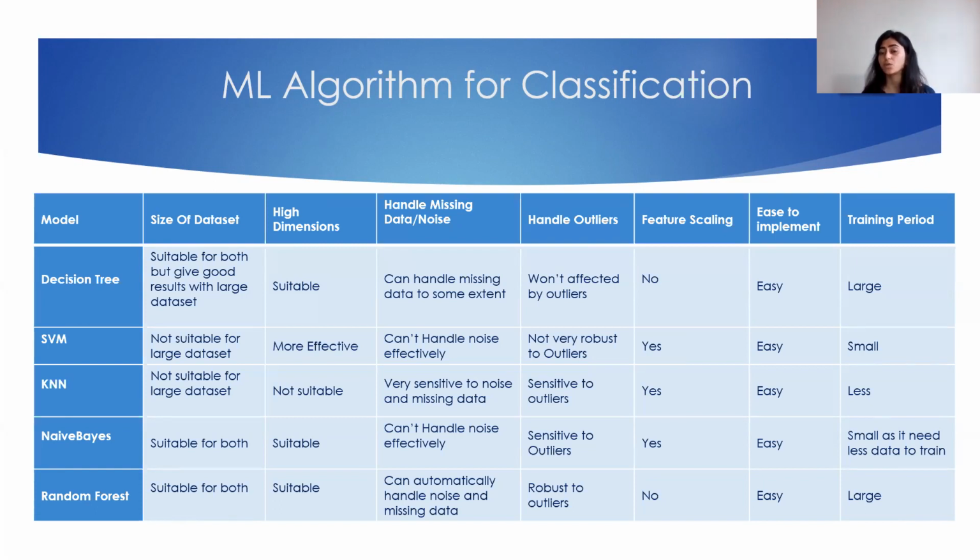If your data set is small or large, what kind of algorithm will work on it? If your data set has high dimensionality, which algorithm will work with that? What kind of training speed will it give, and whether it is easy to implement or not. Based upon these factors, you can decide which algorithm to choose for classification problems.